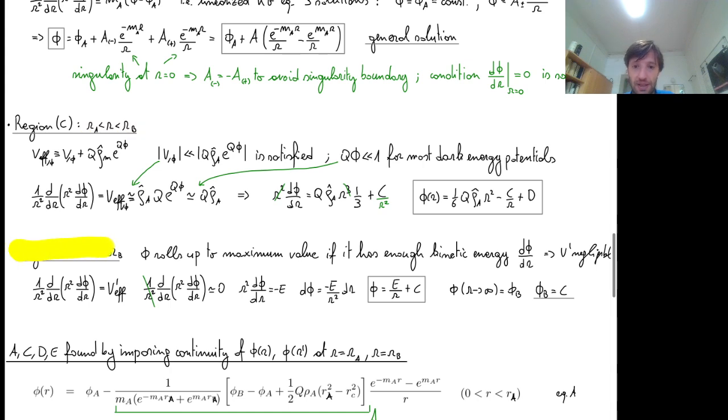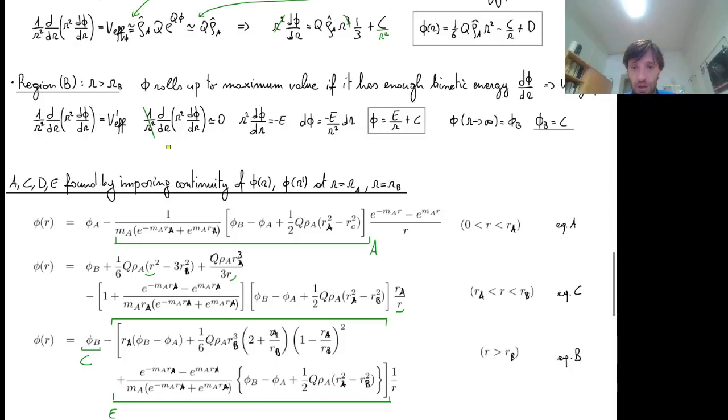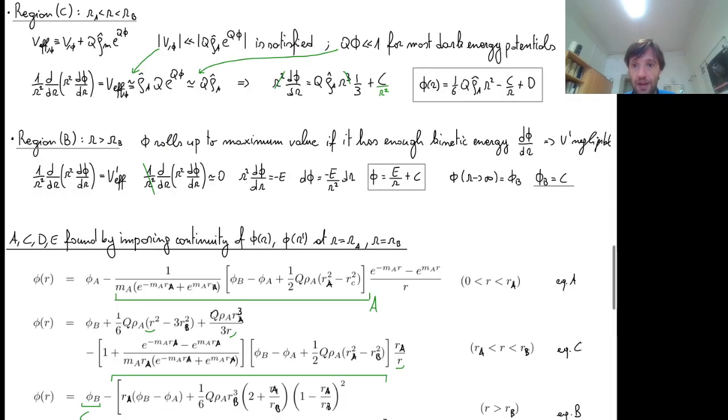Then we have the last interval, which is outside the body, therefore for R larger than RB. So we are looking for the behavior of phi outside the body. We are going to have again our Klein-Gordon equation.